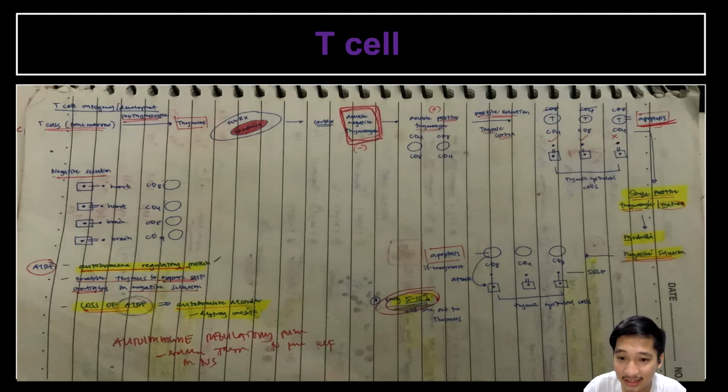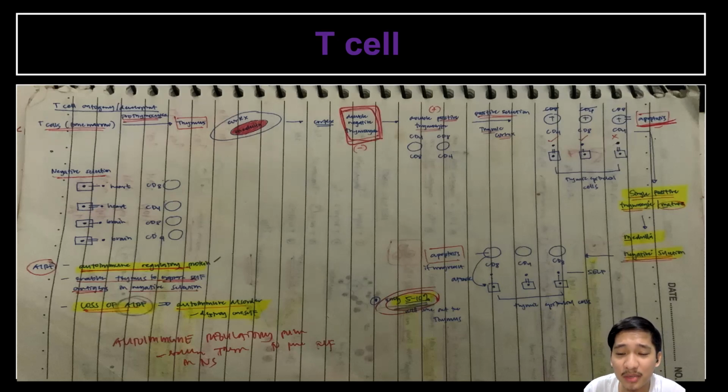But in cases where the thymic epithelial cells present using class 1 and the CD8 attacks or recognizes the self-antigen, it will undergo apoptosis. We do not allow self-reactive T cells to mature and go out from the thymus because it could cause autoimmune diseases or disorders.